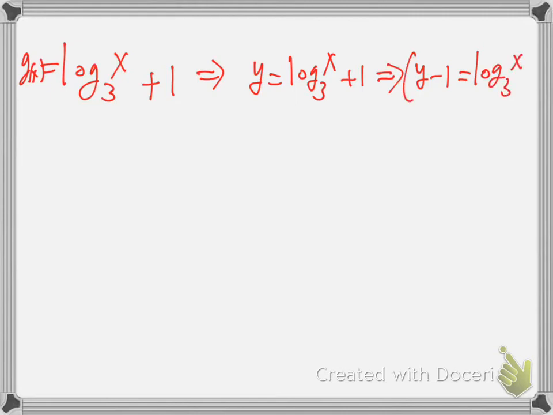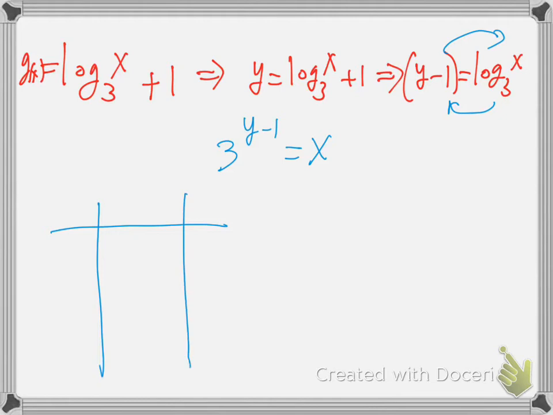So now we use the clockwise. We look at these 3 things clockwise. So we got 3 to the y minus 1's power is x. This is the relation between y and x. So we pick values for y and then get x is 3 to the y minus 1's power.